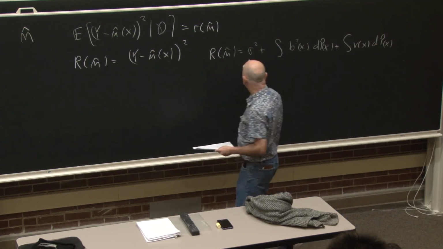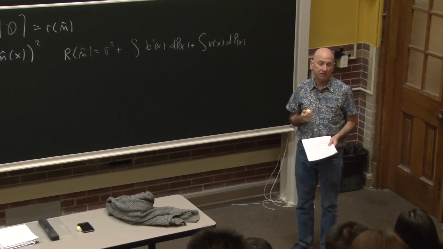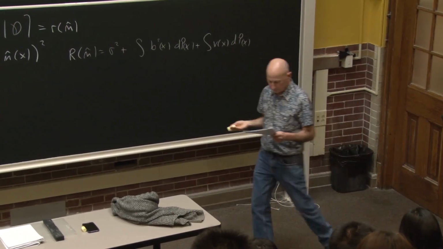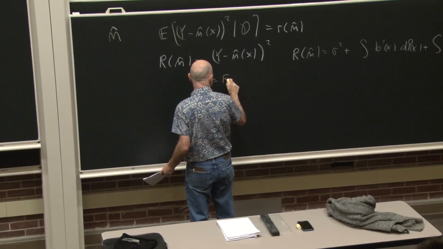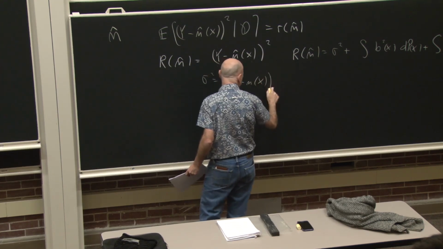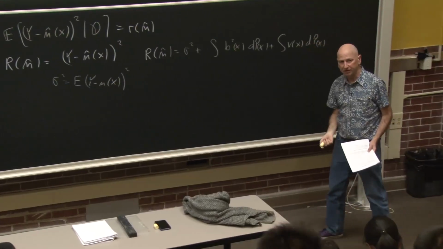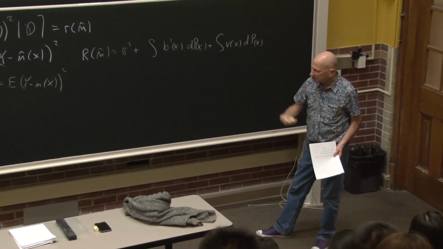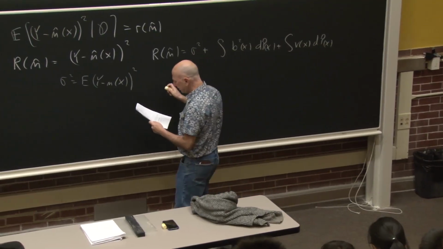This is the unavoidable risk. That is, even if you knew the true regression function, you still can't predict perfectly. So that's what sigma squared is. So this is, if an oracle told you the best possible prediction function, the regression function, you still can't predict perfectly because there's variability. So that's unavoidable. And this is the bias, and the other one's the variance.